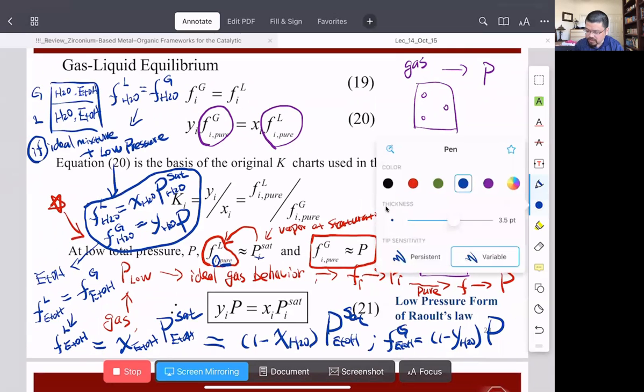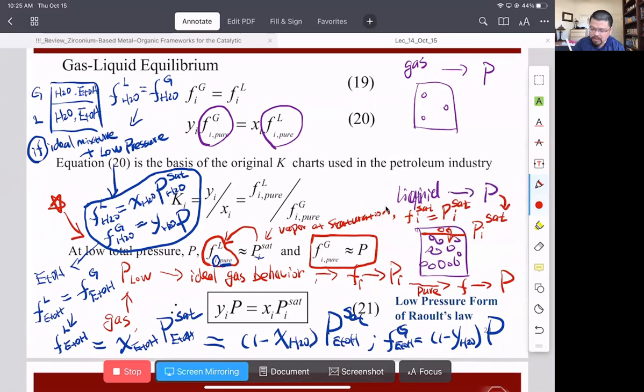But emphasize, and that would be the last thing I want to have for today's lecture, we need to assume this is an ideal mixture. This is the first assumption. We need to also assume this is a low pressure or low total pressure, because we might have a gas mixture.